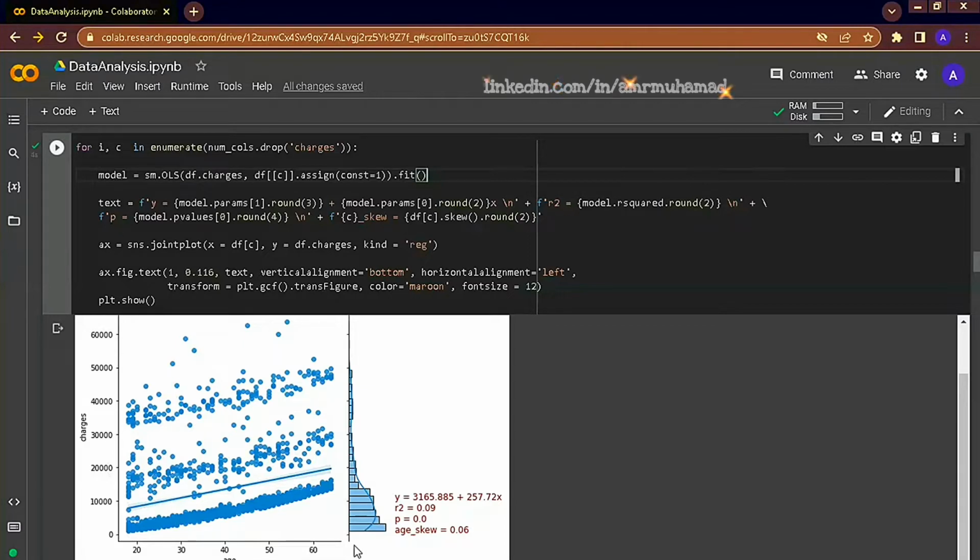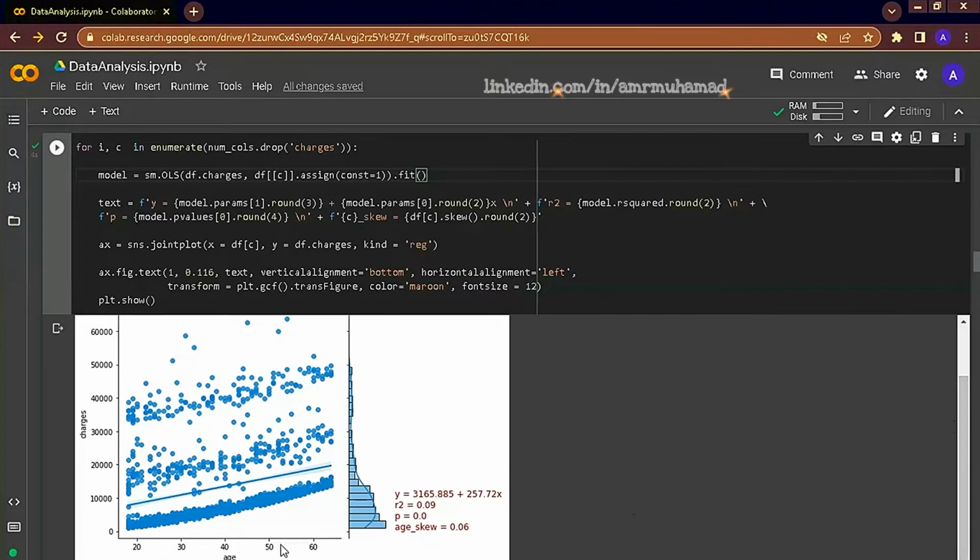For example, if we have a customer with an age of 50, we would predict that the related insurance charge will be around 15K. So at each X value, we predict the related Y value, which is charges, given this line.